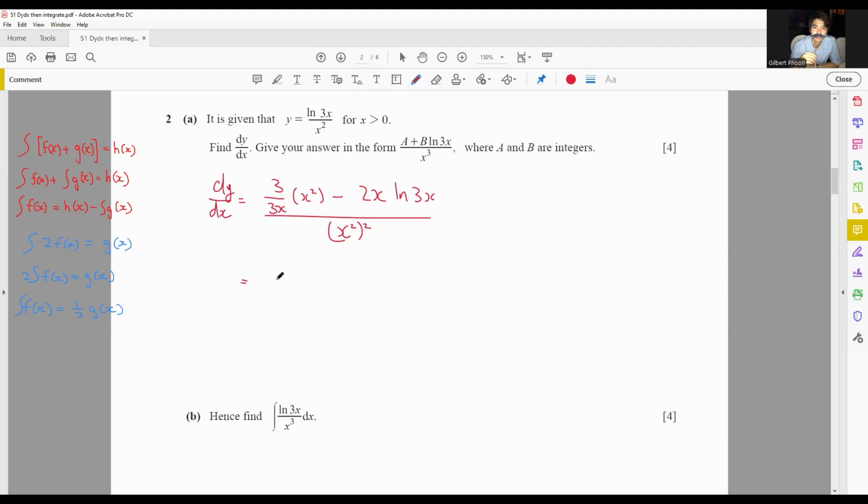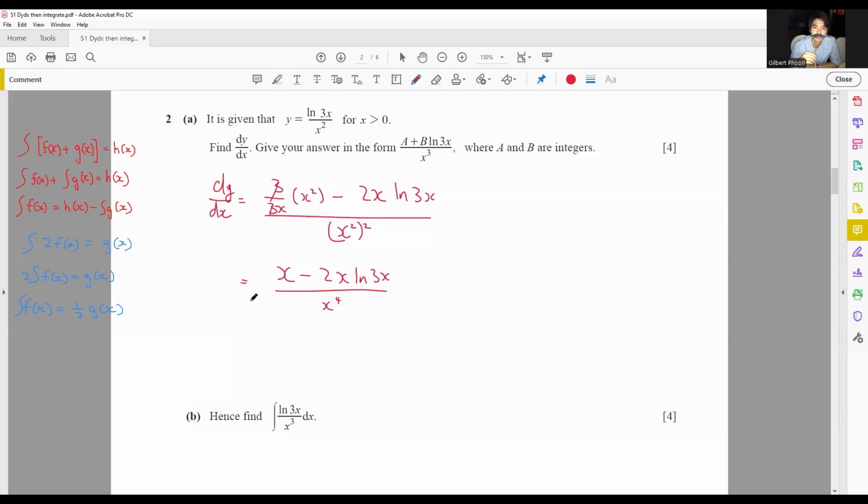Simplifying this equation here, you would have gotten 1, then this is just x minus 2x ln 3x over x to the power of 4. Then from what it seems, we needed to have a denominator of x to the power of 3 only.